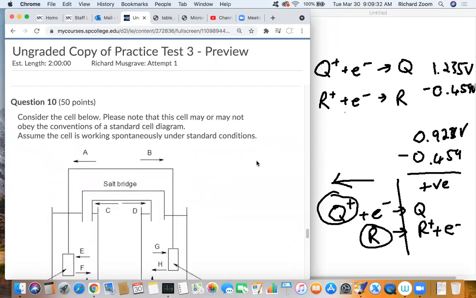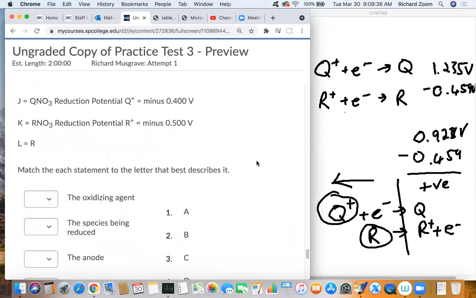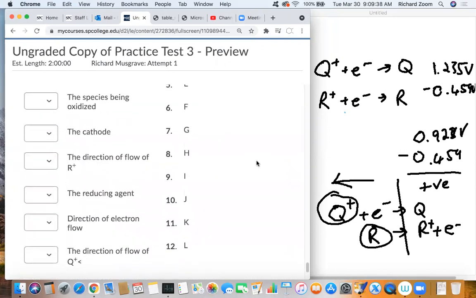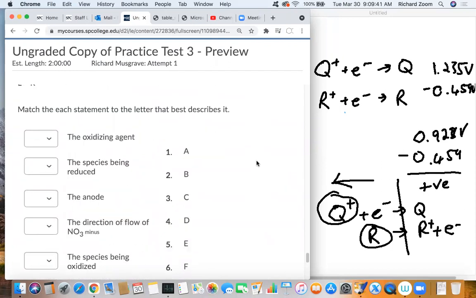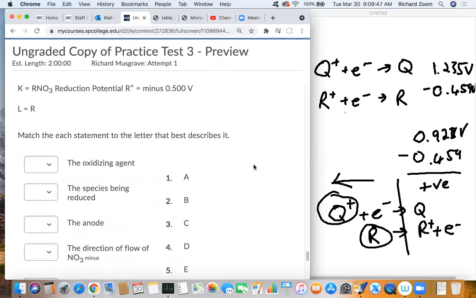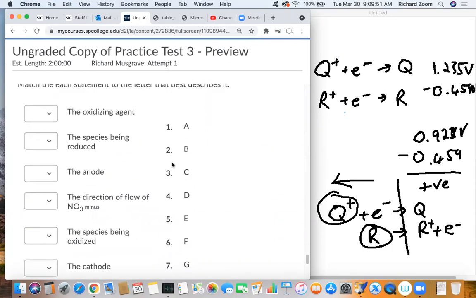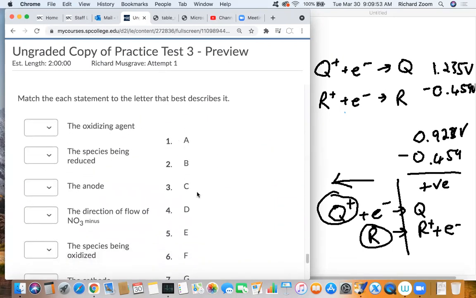So question 10 is the one that relates to the test here, and you can see it's a matching problem, and it's set up pretty much the same way as the previous one was, except that now it's all matching here. That doesn't make it any more difficult, really. This is all going to be the same order.